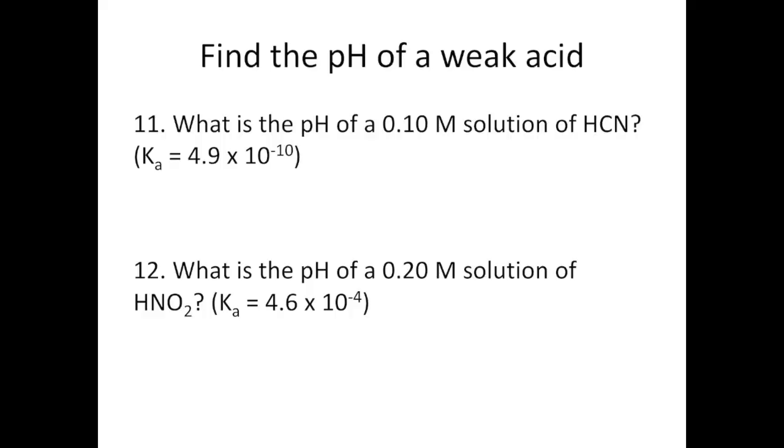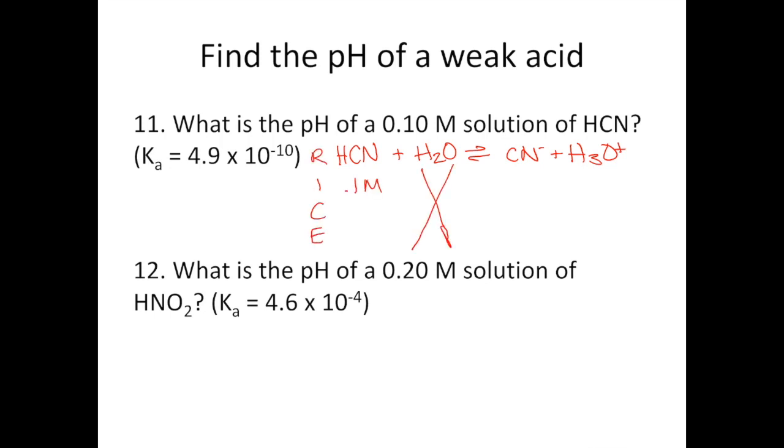All right, we have HCN, and we have a 0.1 molar solution, and we're given the Ka. So I'm going to see if I can fit this all here. First, I have to write the equation out. So I'm going to throw it in water. So I have HCN plus H2O. It's an acid, so I'm going to get CN minus plus H3O plus.